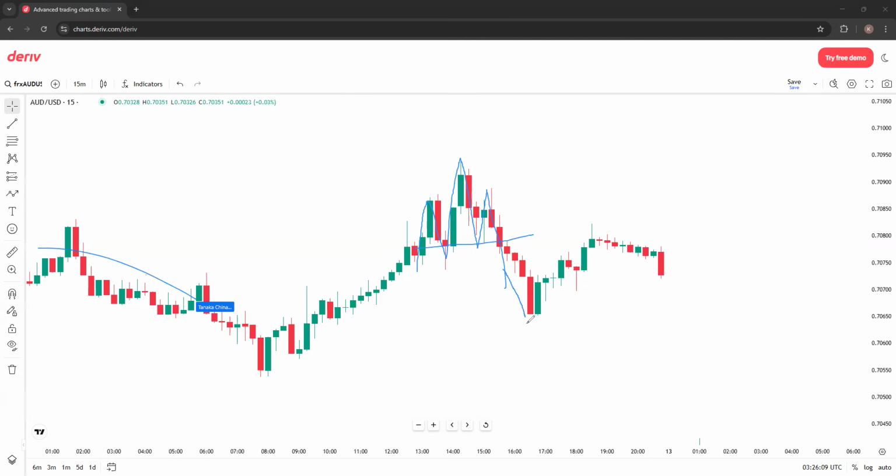And then what does price do? It comes, retests, and then it falls. So remember, as long as this is showing in the right place, then it's valid.